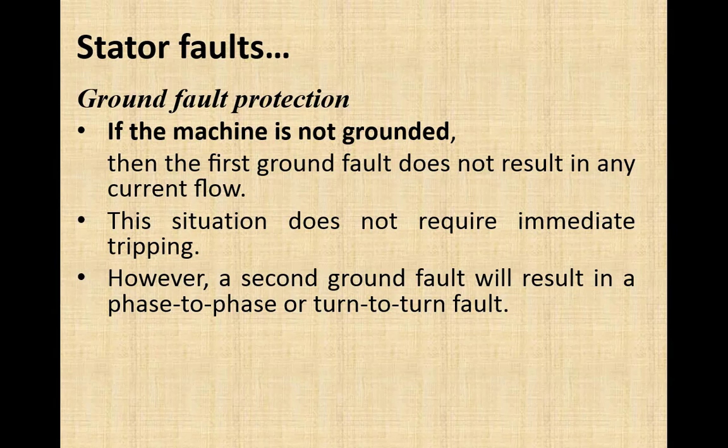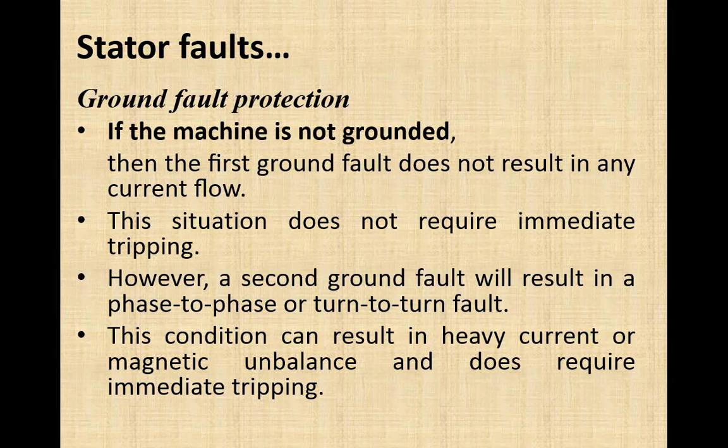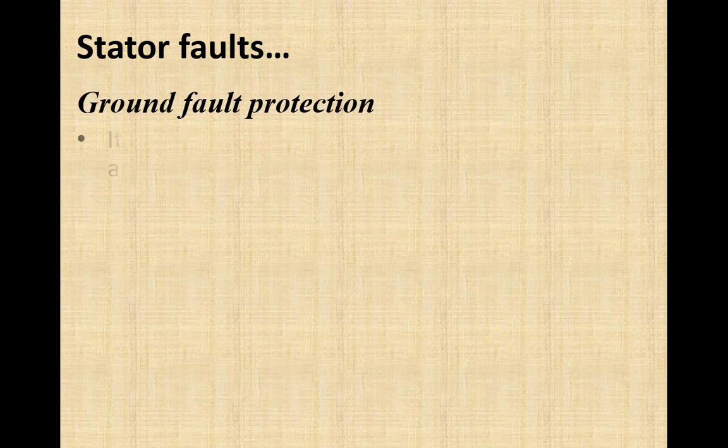Meaning grounding was already there, another point has become grounded in the presence of already existing ground. So that could be a problematic situation because this condition can result in heavy current or magnetic unbalancing and does require a tripping. So due to this reason, detection of first ground fault is important.